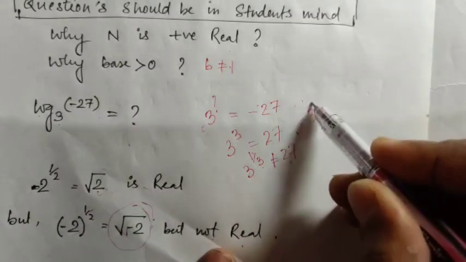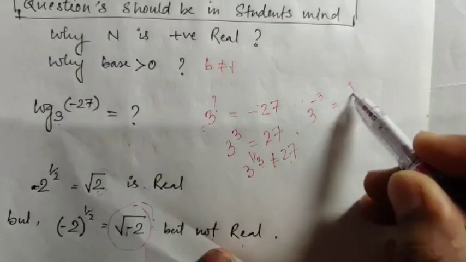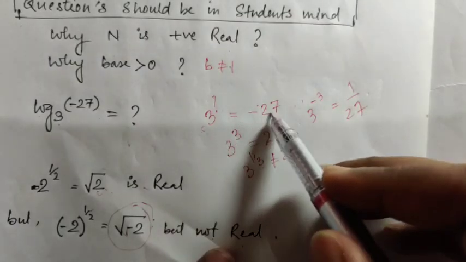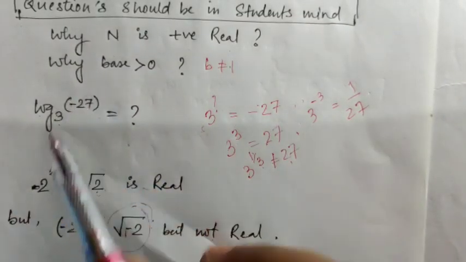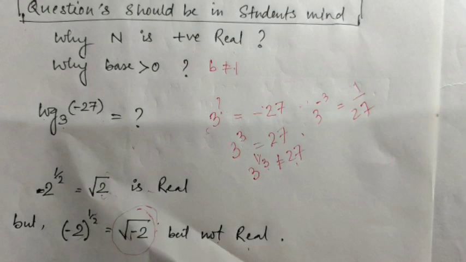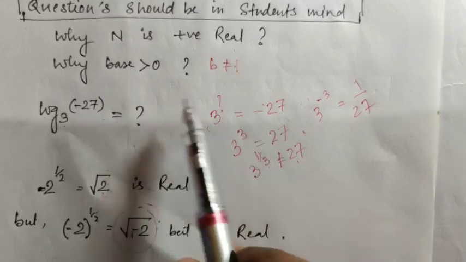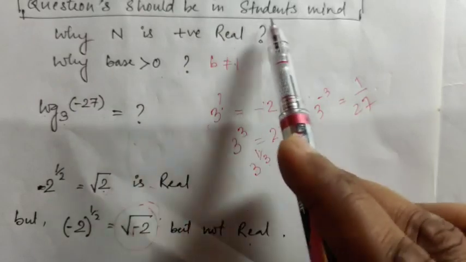If you raise 3 to the power minus 3, again that is 1 by 27, but not minus 27. That means when you have a negative number, sometimes we find it difficult. So to remove this conditional argument, the number is taken as a positive real number, not a negative real number.